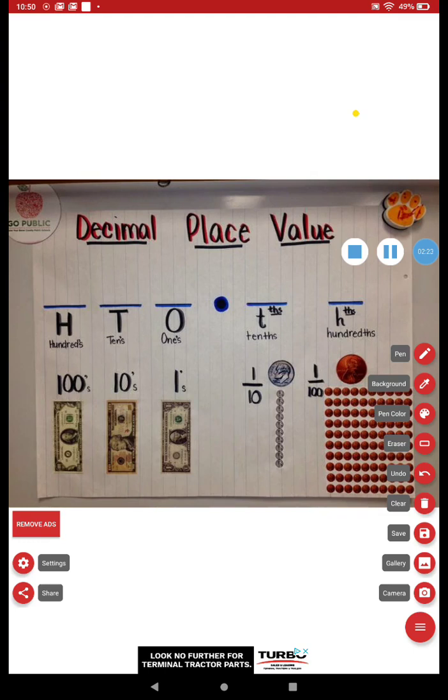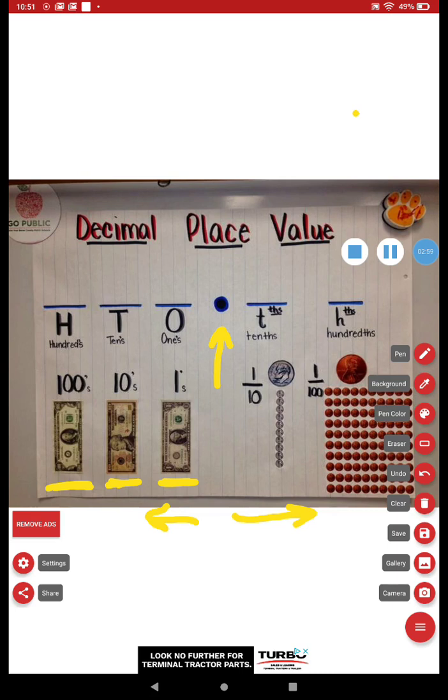All right, now let's review what we learned about decimal place value. We learned that the decimal point is very important to tell me the value of a number. We reviewed that numbers to the left of the decimal point are kind of like dollars. First is the ones place, $1, tens place, $10 bill, and hundreds place, $100 bill. Then we learned that the numbers to the right of the decimal point are like cents.